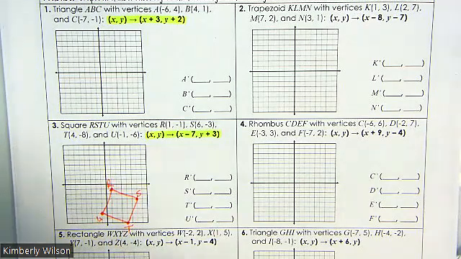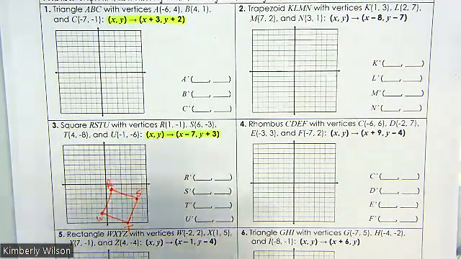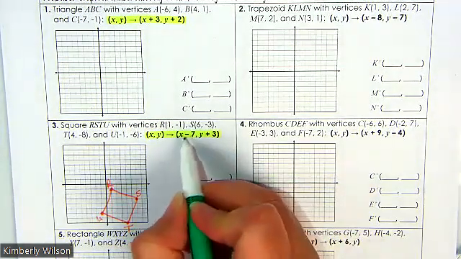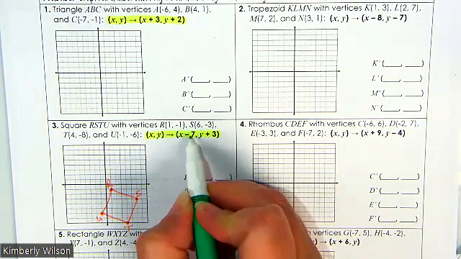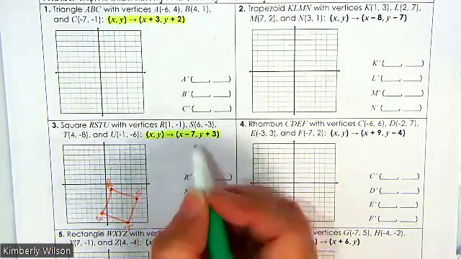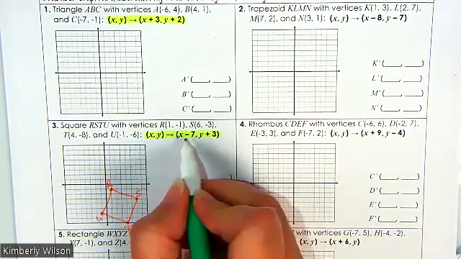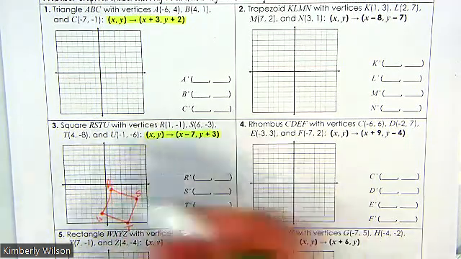Now we're going to use the rule. So what we're going to do is this is shifting by the X value is going down 7. But it's X, so therefore I'm not actually going down, I'm going to the left.